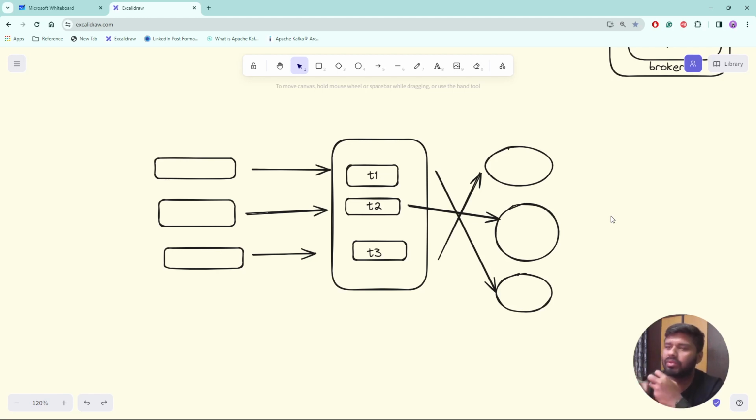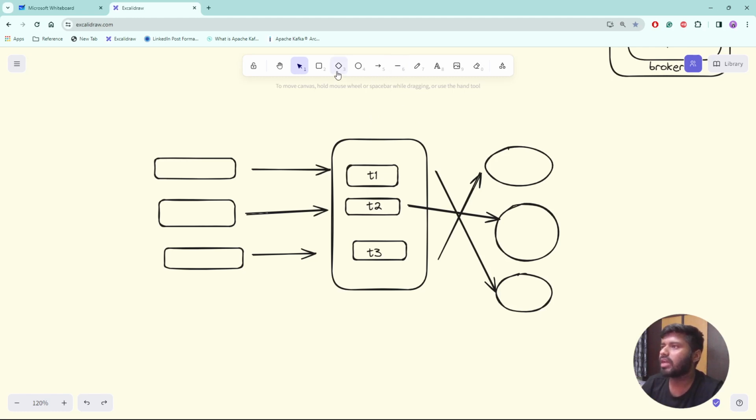Now let's take a deeper dive into the topic. What exactly is a topic? We said that a topic contains the messages or logs produced by a producer within the Kafka cluster and within the broker. That's what we have understood, right?